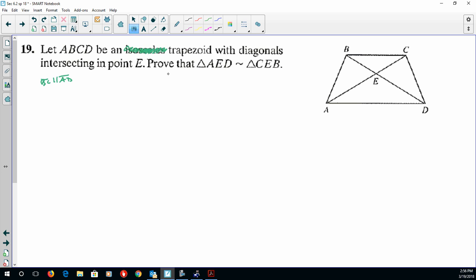Angle AED is congruent to angle CEB. That's because they're vertical angles.